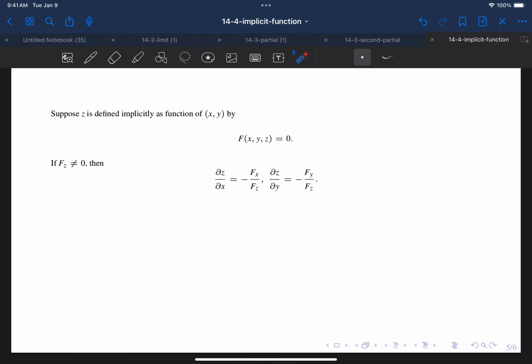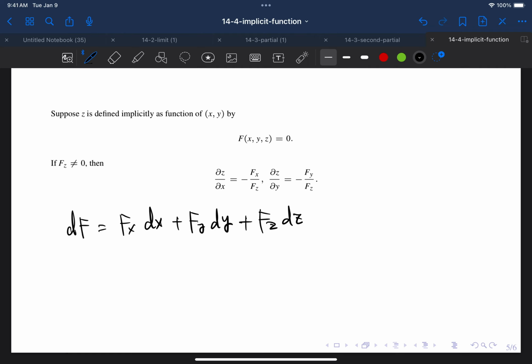So for the proof, it's very similar. We can look at the change in f, which is Fx dx plus Fy dy and Fz dz. But for partial z partial x, y is frozen.